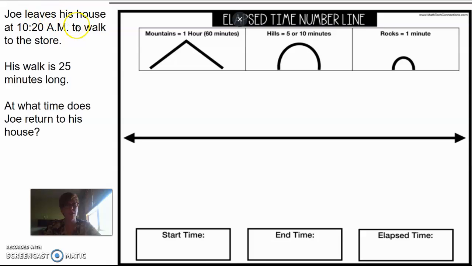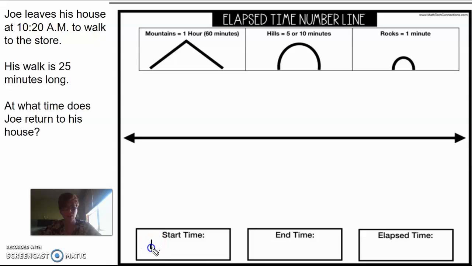So let's read this problem we've got. It says Joe leaves his house at 10:20 in the morning to walk to the store. His walk is 25 minutes long. At what time does Joe return to his house? Well, let's start off by writing down the start time, because they gave that to us, didn't they? Joe started his walk at 10:20.